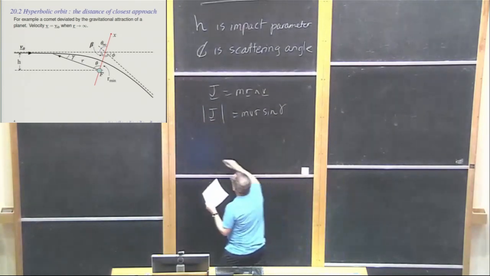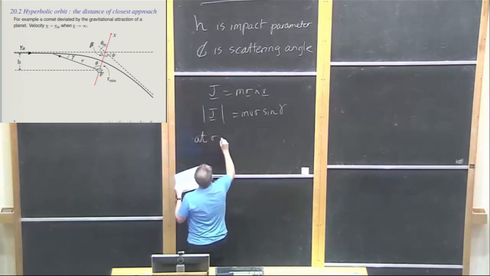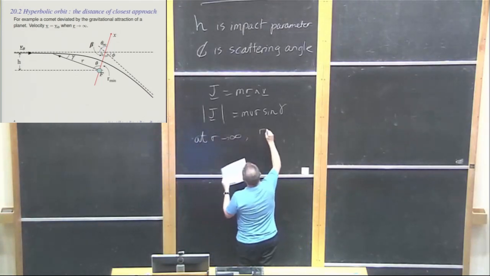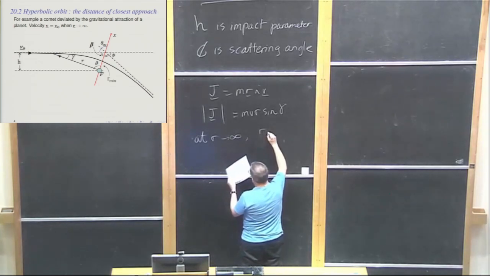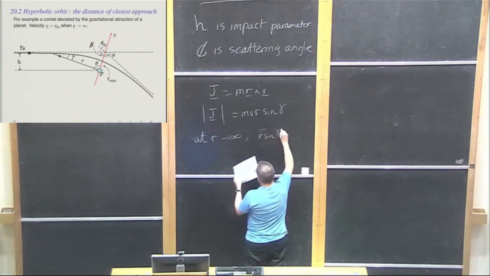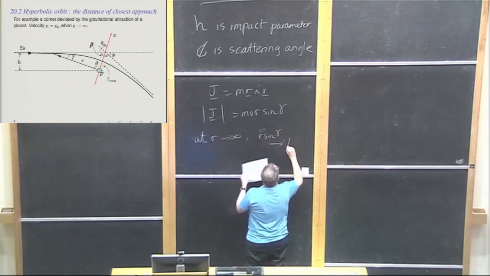And when it's an infinite distance away, then r sine gamma will just tend to h.